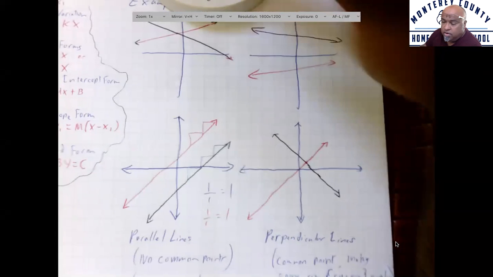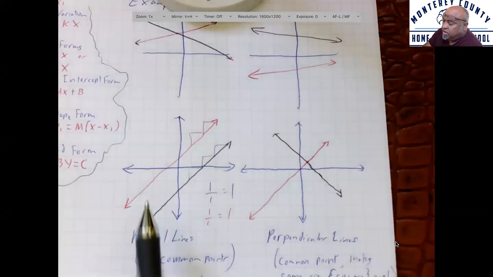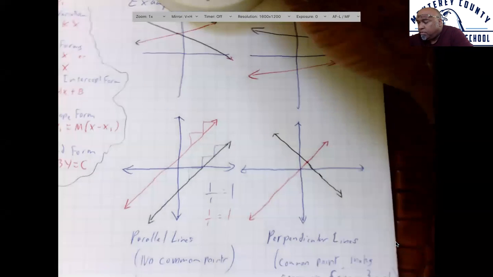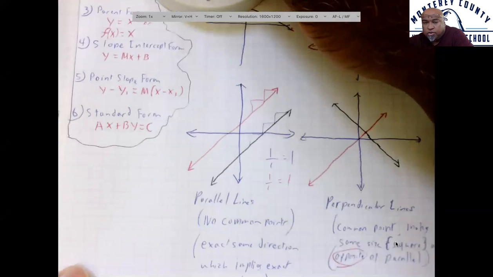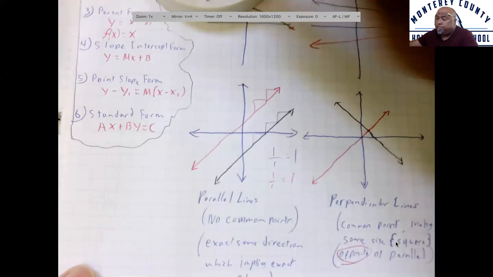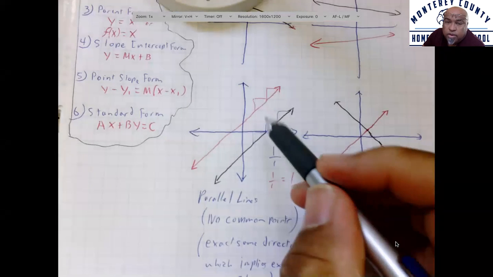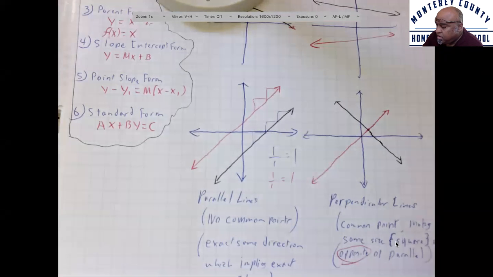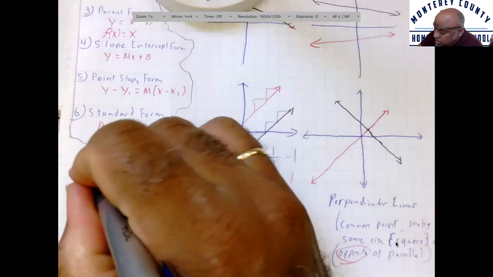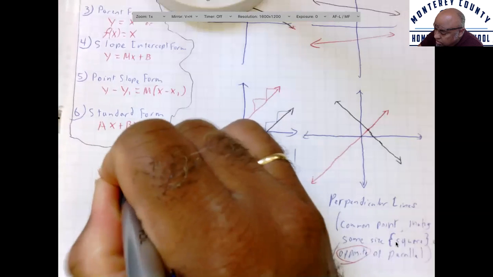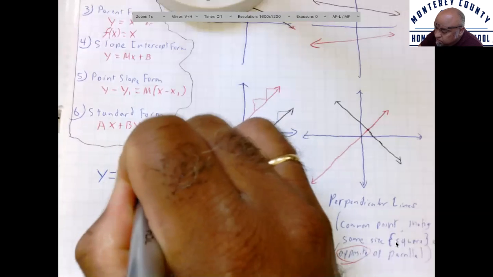So we have these two graphs. We have two lines that are parallel and two lines that are perpendicular. Before we do some problems, I wanted to show you some information about these. Now we already determined that these ones had the same slope. But if I were to write them in equation form, I'm going to start with y equals mx plus b.